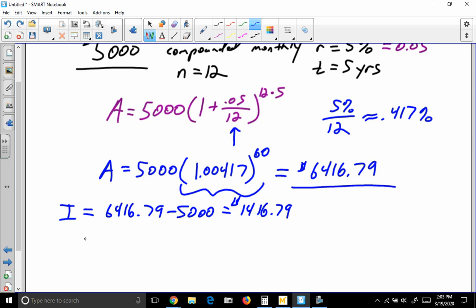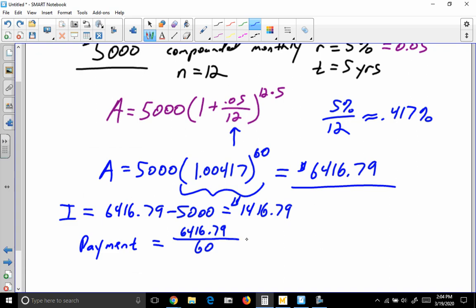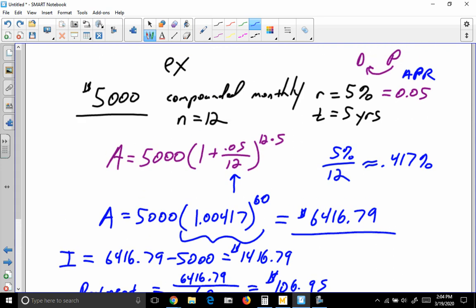If we want to find out how much our payment's going to be, we take how much we have to pay back, and we divide that by the number of payments. So 6416.79 divided by 60 payments, so $106.95. So that's how much each of our payments would be given this scenario for our loan.